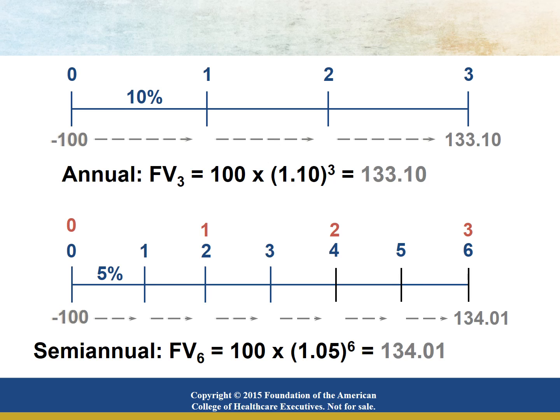But say we actually take that same 3 years and we compound semi-annually. And so it's 10% annual, but every 6 months we do 5% interest. So the future value with 6 periods at 5% interest is actually worth 134.01.